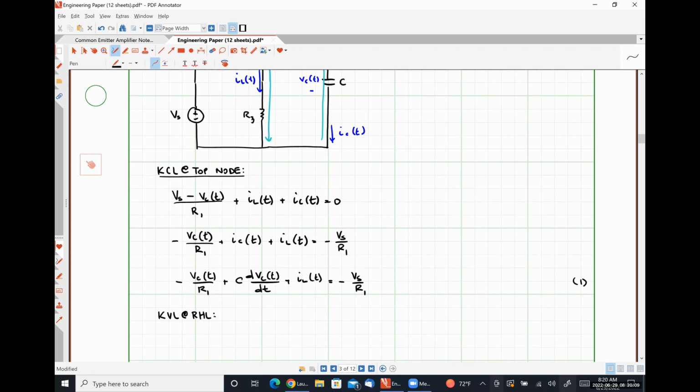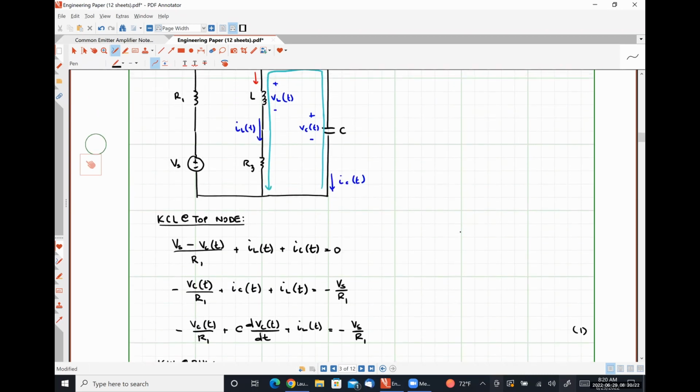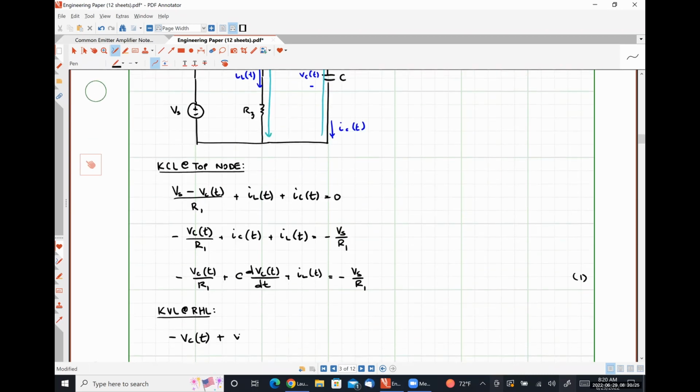And what I'm going to find is I'll have negative Vc of t plus VL of t plus R3 times IL of t equal to 0.